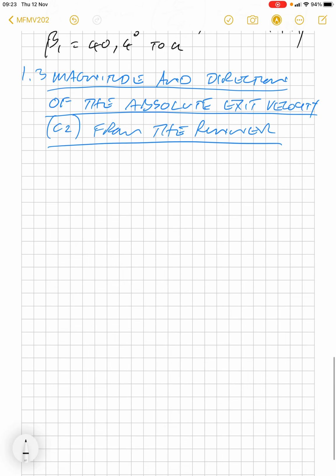Okay, CR2 is equal to 1 minus 0.059 CR1.